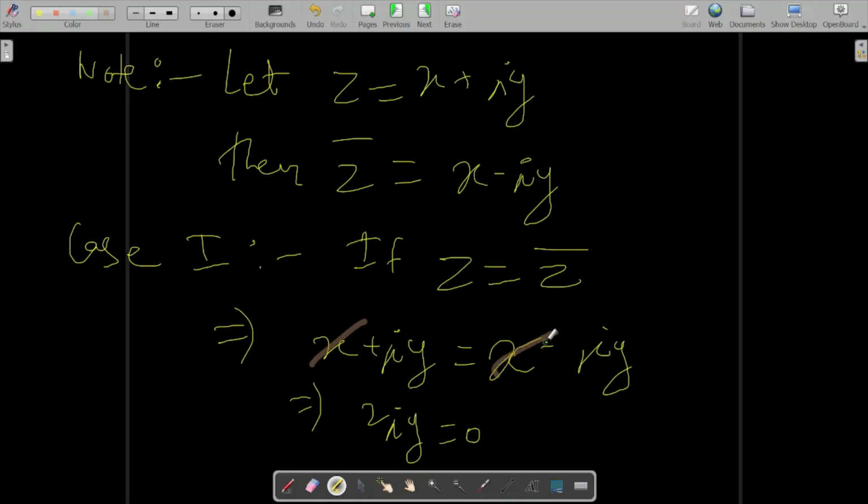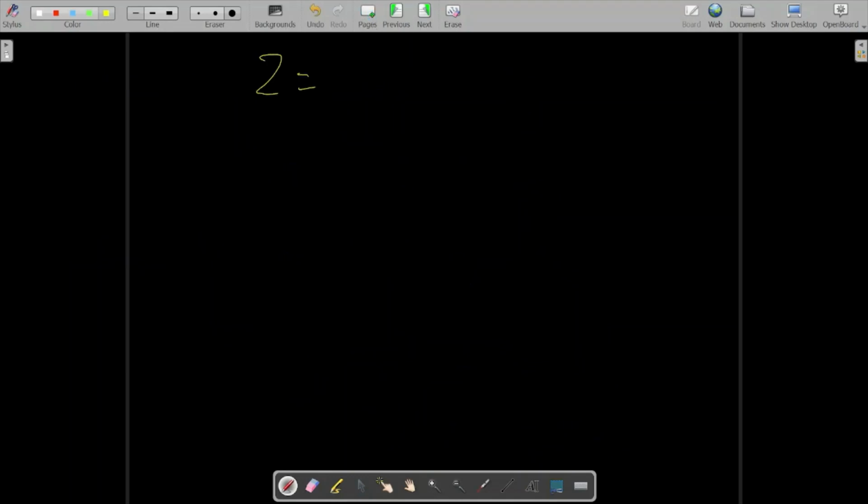That implies y is equal to 0, right? So what is z? z is equal to basically x, because y has come out to be equal to 0 and x is real. So that implies z is real.